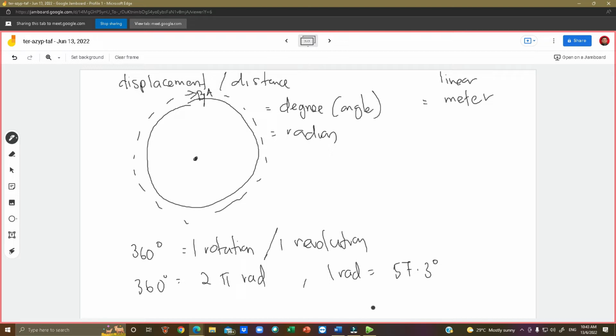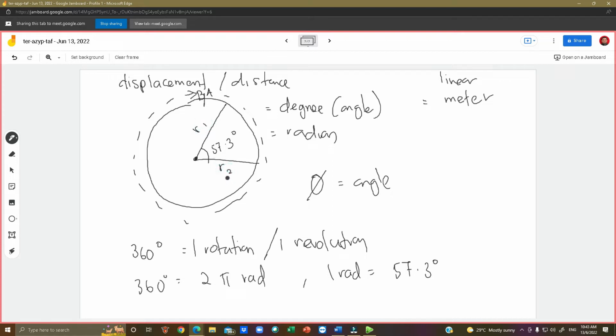Okay, kenapa 1 radian 57.3? Simple. Saya bagi reason simple. If we go for a slice which has a theta, okay, theta dalam fizik representing angle, which has a theta of 57.3. At this point, radius 1 akan sama dengan radius 2.